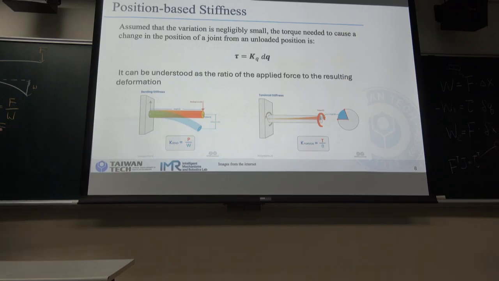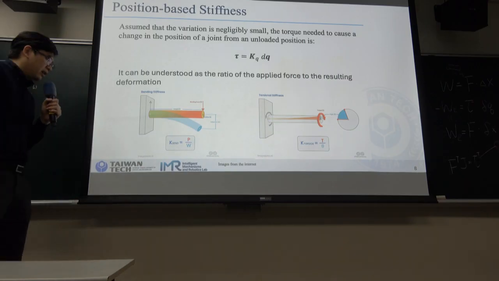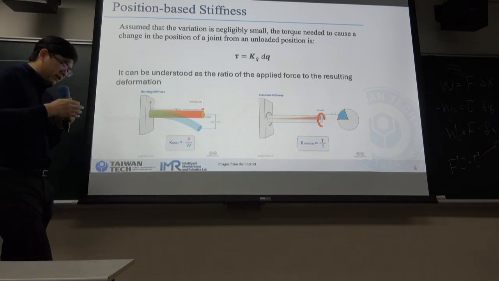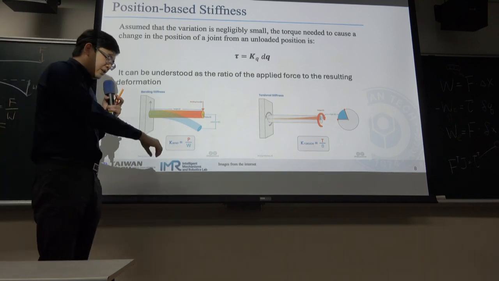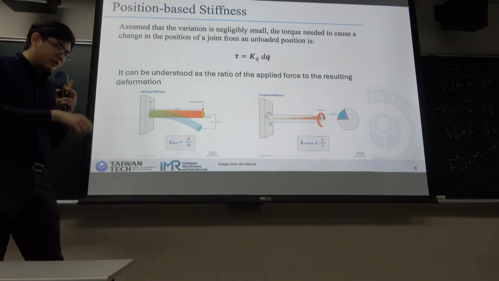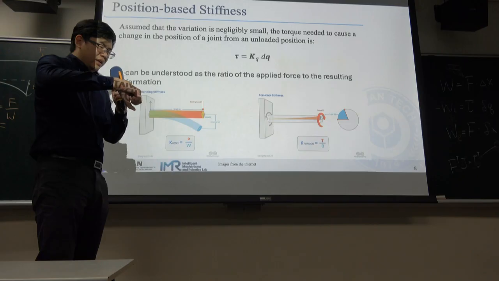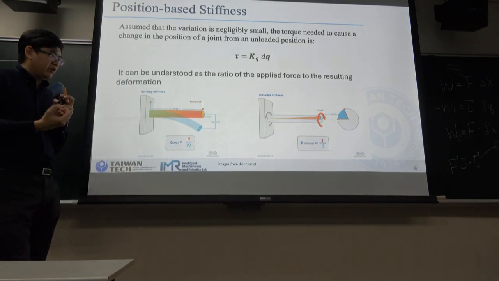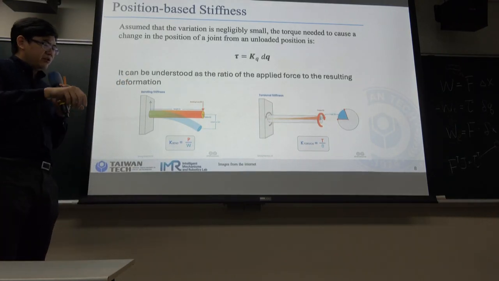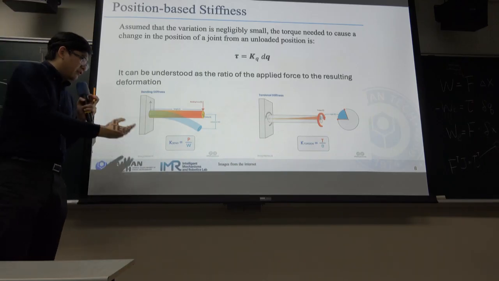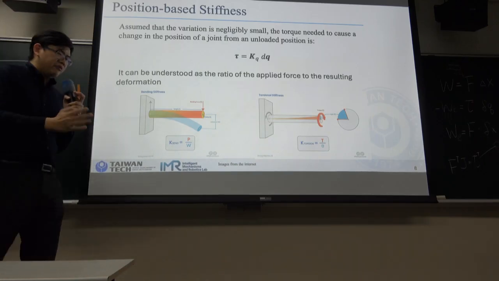So why do we need to analyze stiffness in robotics? Sometimes, if we are using industrial robots, I don't know whether you know impedance control. Usually the stiffness of an industrial robot is really high.